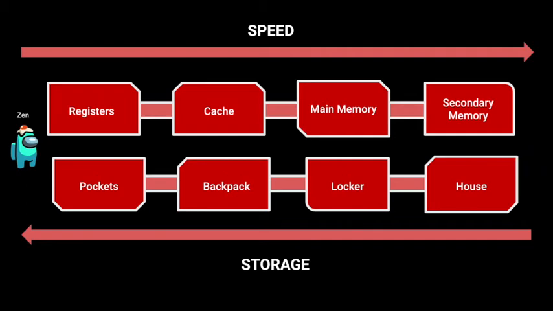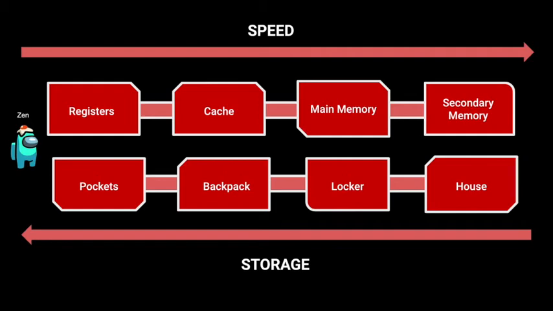I mean, you don't even have to twist your body to get stuff from your pockets, so you can easily access them, but the storage is really, really small. Now think of your cache as your backpack. You have more space in your backpack, but it would take you more time to get your things from your backpack as compared to your pockets.